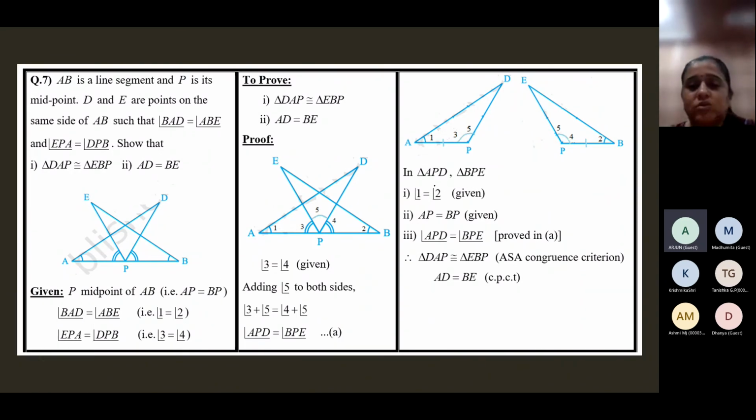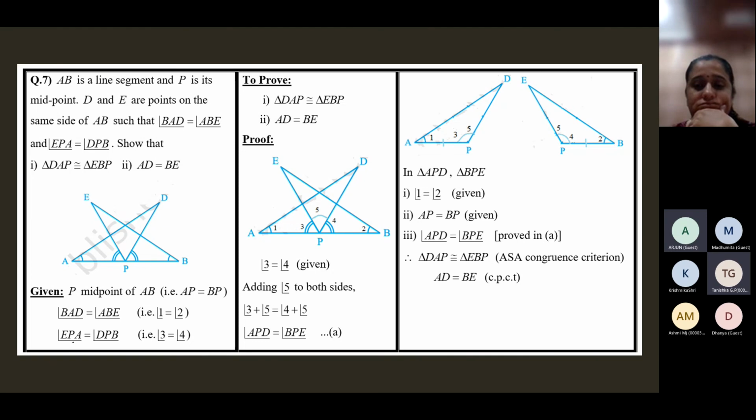Now continue in the two triangles. In triangles APD and BPE, angle 1 is equal to angle 2. It is given, ma'am. And side AP is equal to side BP. It is also given, ma'am. Side, not angle. Angle APD and angle BPE are equal.